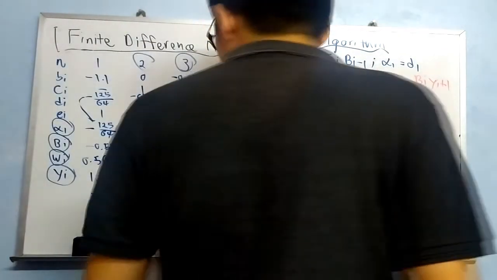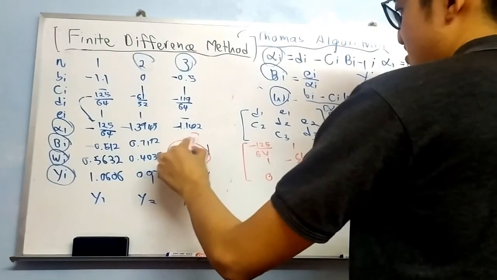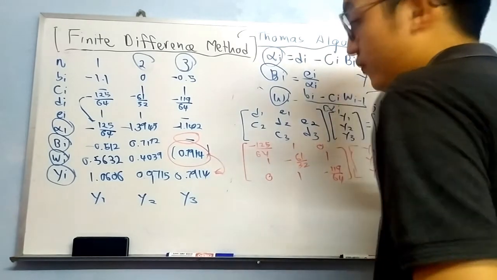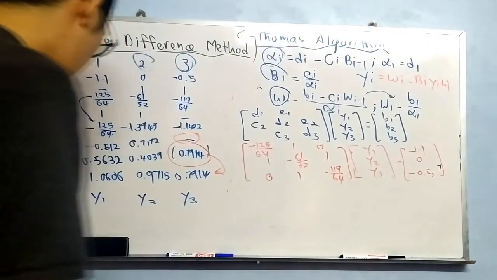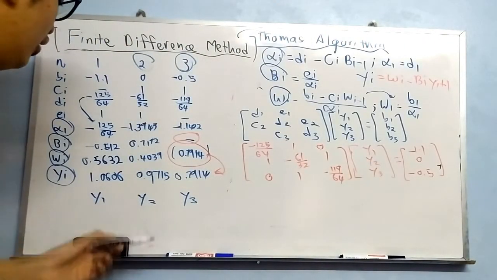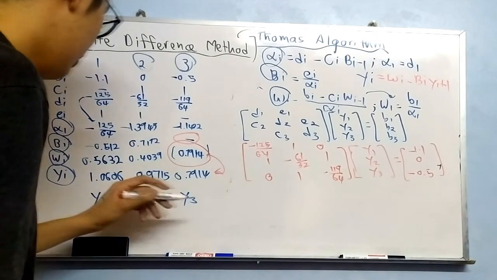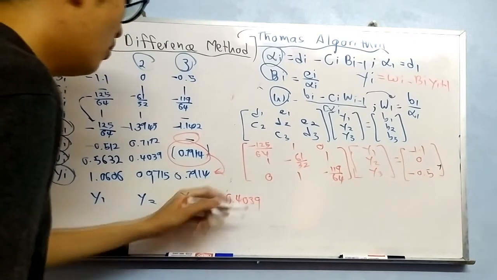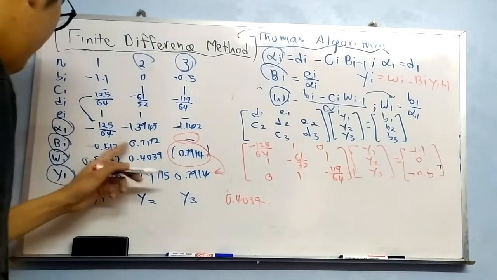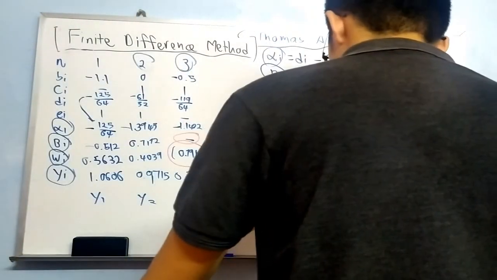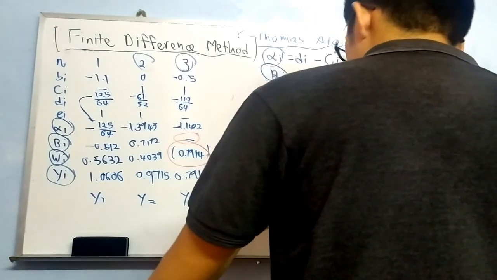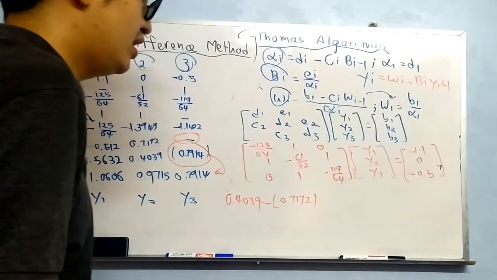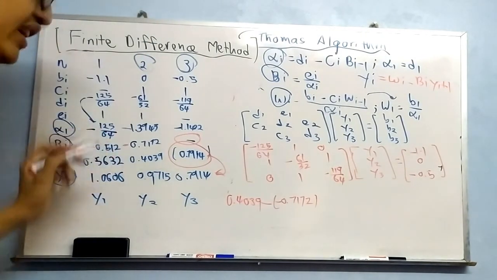Minus, since this is empty, we directly get it from w3. Now y2, how do we get this value? w2, 0.4039, minus b1 yi plus, there's a negative sign.